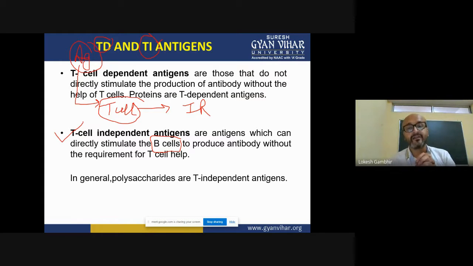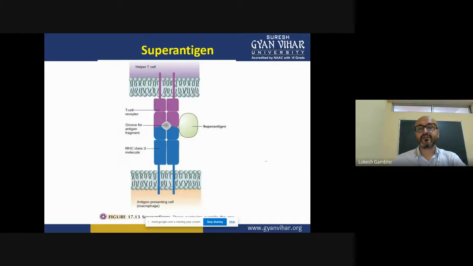And if my body is making memory T cells and going for cell mediated immune responses also, then I'll call it a T cell dependent antigen. The classical example of a T cell independent humoral response is your lipopolysaccharide, LPS of bacterial source. That is a T cell independent antigen, because it is majorly cleared by macrophages and B cells.